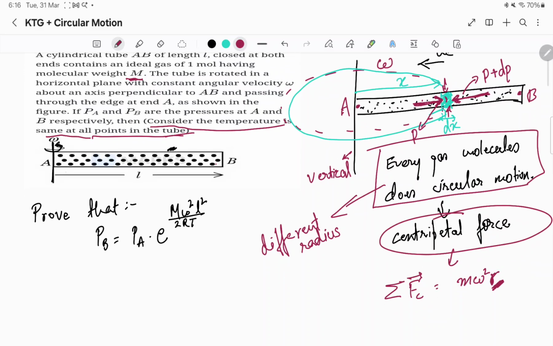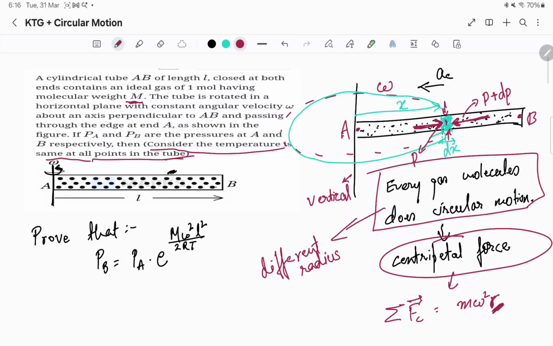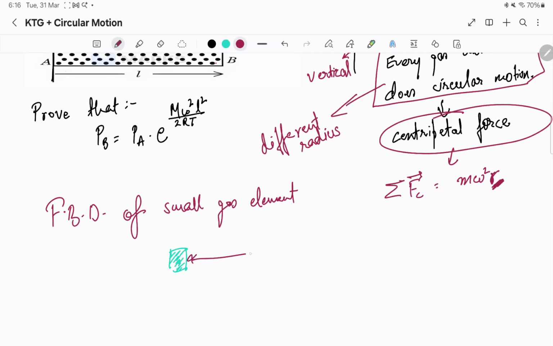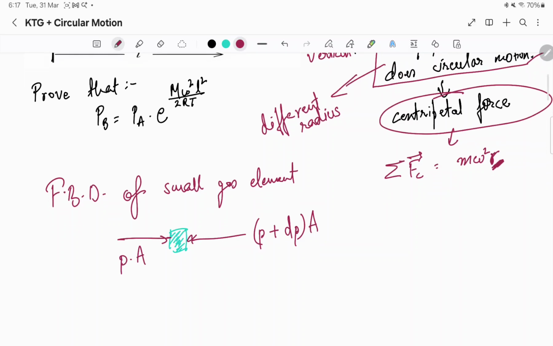So if I draw the FBD for this small elemental gas part, from here it is experiencing a force of (P plus dP) into area of tube. From here it is experiencing a force of P into area.